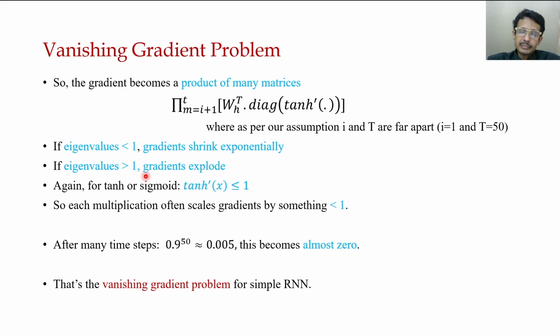The error gradient decays to 0, and that is essentially called the vanishing gradient problem with a simple RNN. We will see later in this course how this vanishing gradient problem is handled.